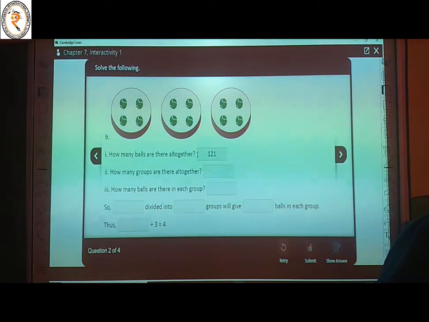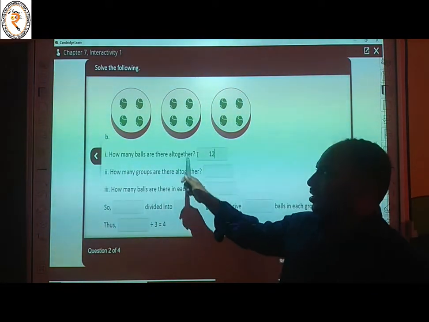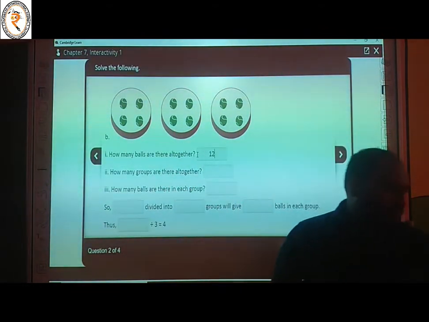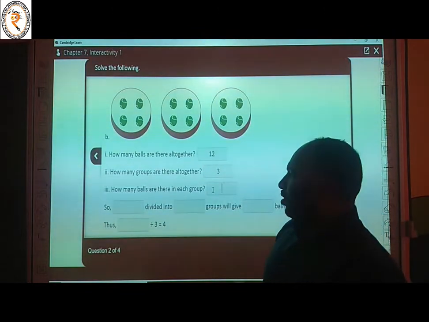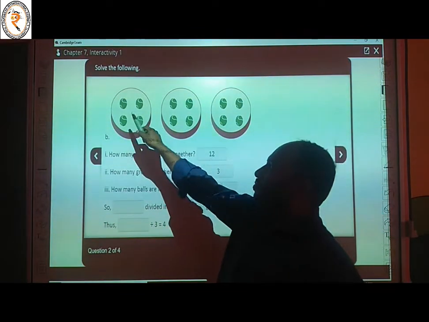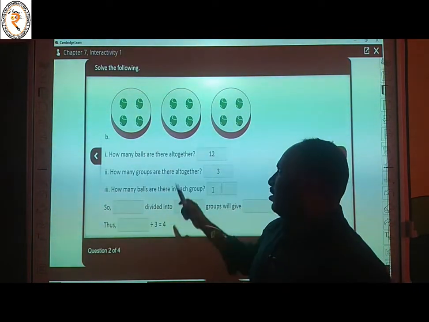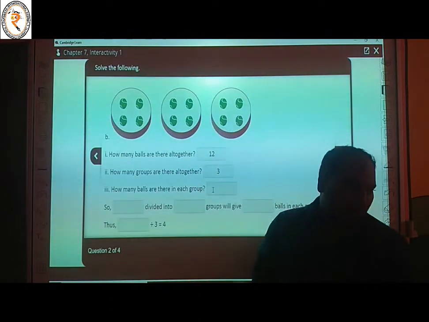Then the second one: how many groups are there altogether? 1, 2, 3. We have 3 groups. Then the third one, how many balls are there in each group? 1, 2, 3, 4. Each group has 4 balls.